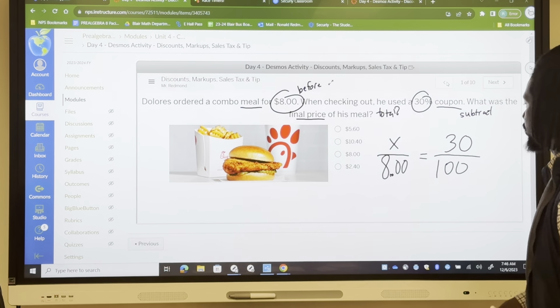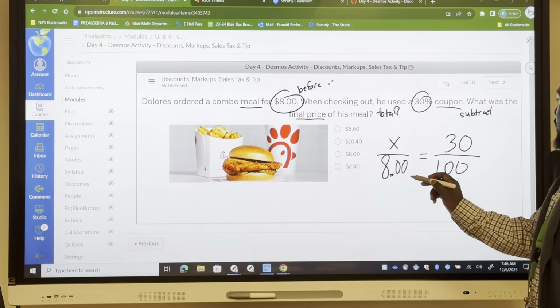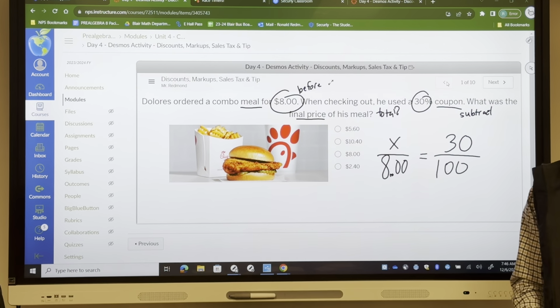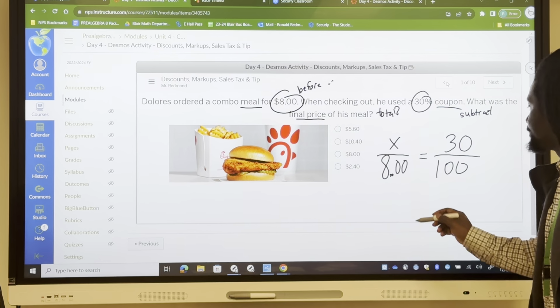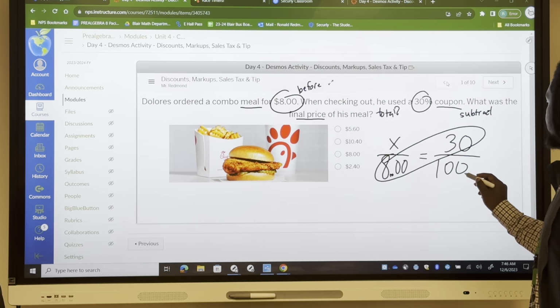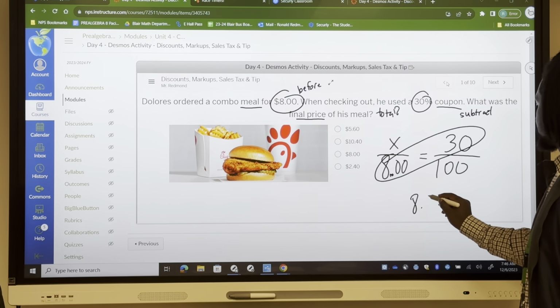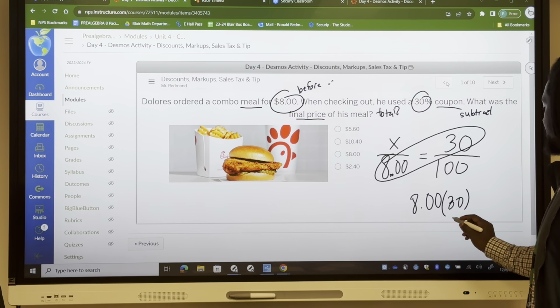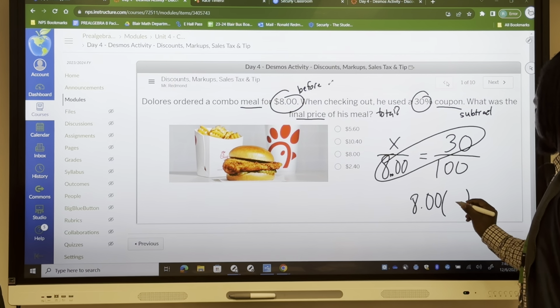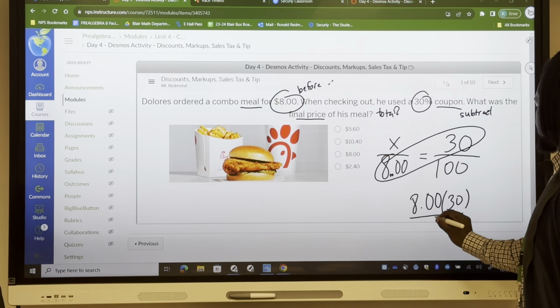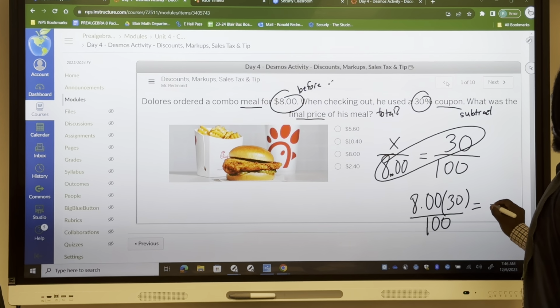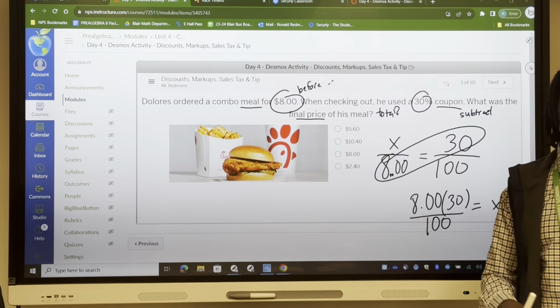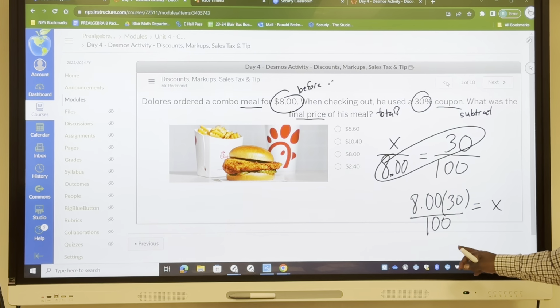That's the part, or that's the P. Then to do that, I'm gonna cross multiply and divide. That's a 30. And when I solve that, that is gonna give me the discount.